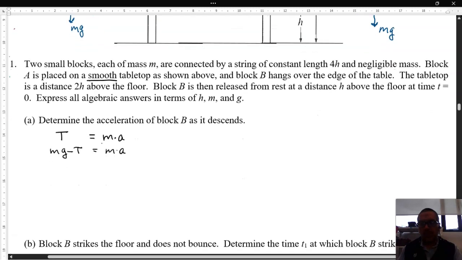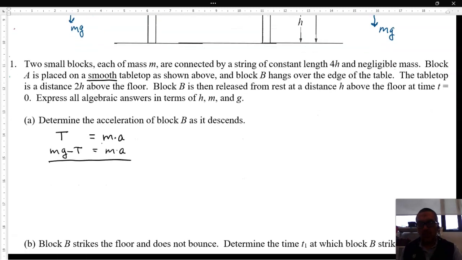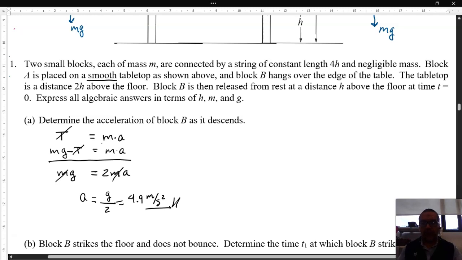Therefore, when you combine these two equations, what you have is that mg is equal to twice ma because the tensions cancel out. Therefore, the masses also cancel out, and the acceleration is g divided by 2, or 4.9 meters per second squared. So that will be your answer for part A.